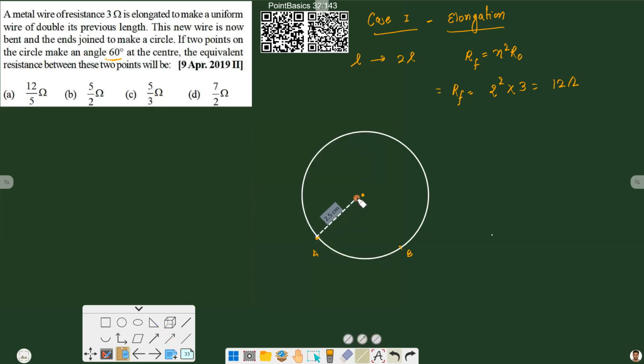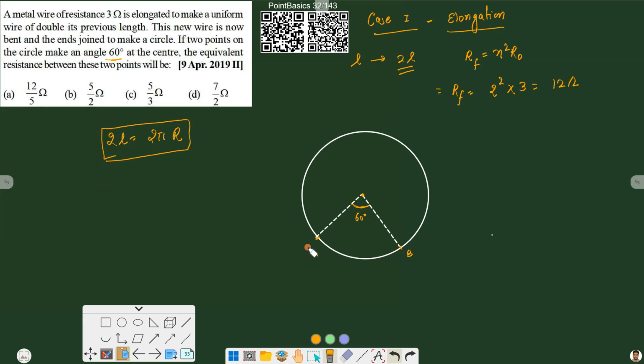So this angle is 60 degree, and the total length of this wire, or its circumference, is equal to 2L, or we can easily say that 2L is equal to 2 pi into its radius. This formula will hold here.